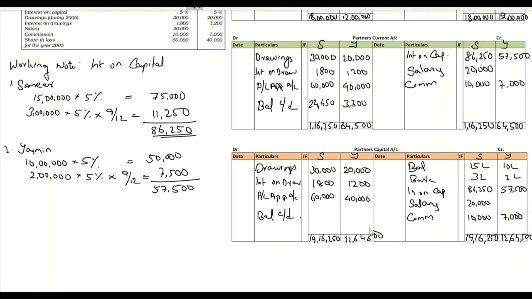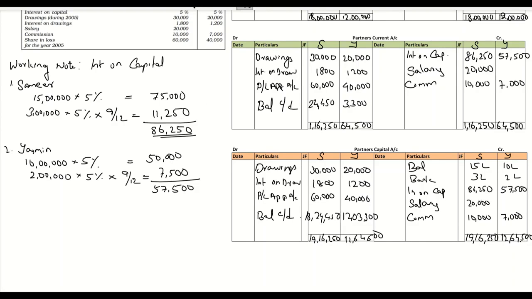So let's calculate 19 lakh 16,250 minus 30,000 minus 1,800 minus 60,000, which will be 18 lakhs 24,450. And then we have 12 lakh 64,500 minus 20,000 minus 1,200 minus 40,000, which will be 12 lakh 3,300.